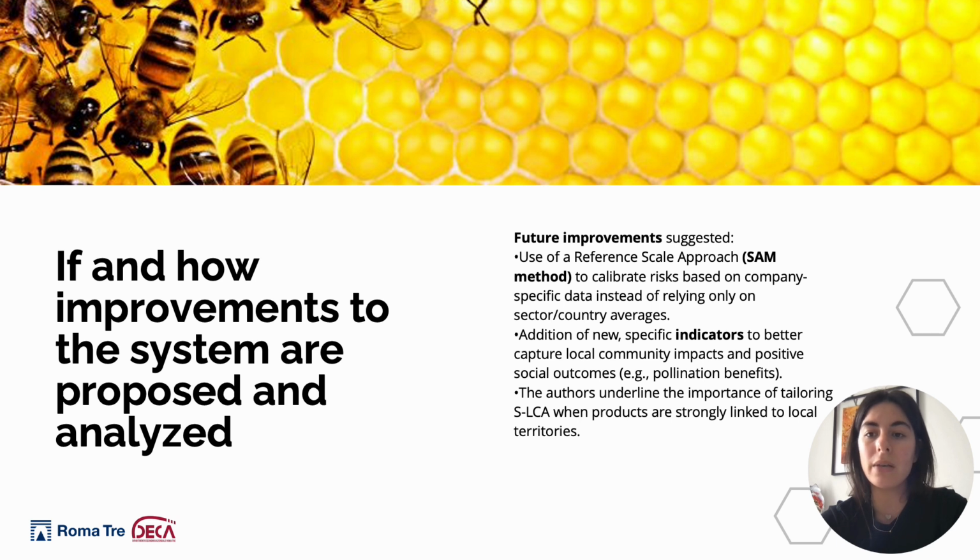Finally, the authors emphasize the importance of tailoring social LCA models when products are strongly embedded in local territories, as is often the case in traditional agri-food systems. This suggestion aims to increase both the accuracy and representativeness of social impact assessment.